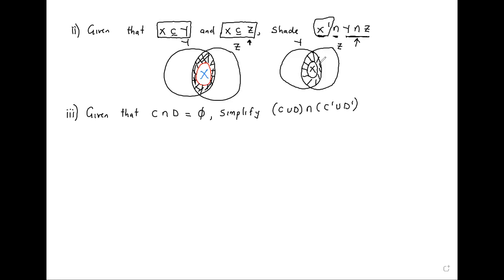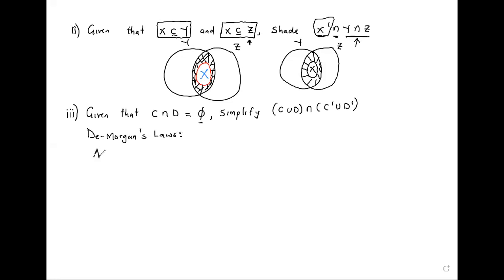So given that C intersection D is empty, simplify this. Now we understand very well. And we did mention yesterday De Morgan's law, we have two of them actually. This guy De Morgan, he gave us two laws.